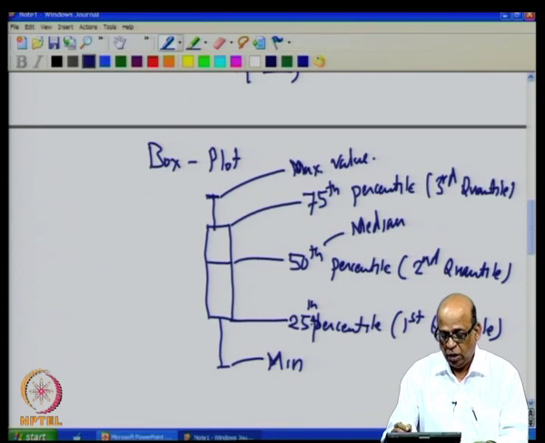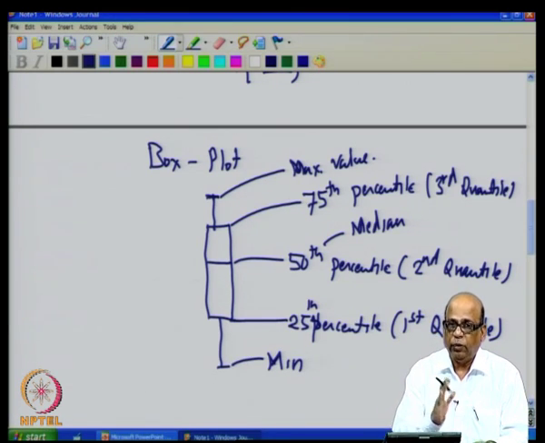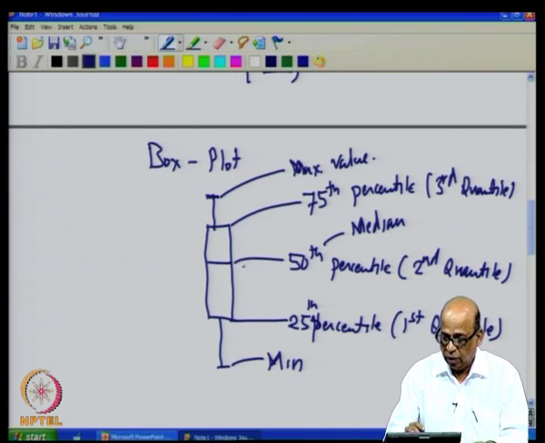The 25th percentile indicates the particular value in the time series below which 25% of the values lie, and then the 50th percentile, the particular value in the time series below which 50% of the values lie. This is in fact the median. This is called as a second quantile. Then the 75th percentile, which is the third quantile, 75% of values in the time series lie below that particular value, and then you have the maximum value.